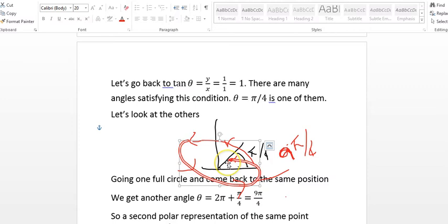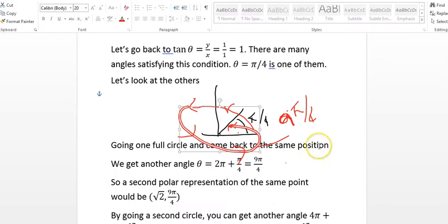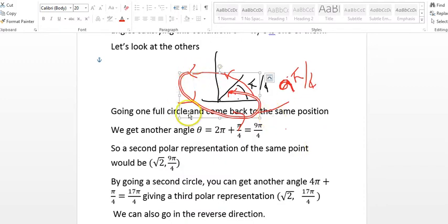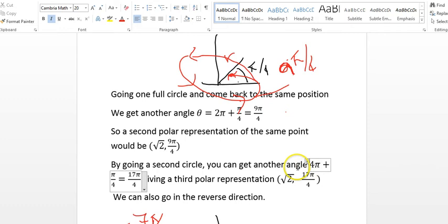So 9 pi over 4 is another angle. If you want, we can do it again and go 2 circles and come back, and then we will have another angle. With 2 circles we have 4 pi plus pi over 4, which is 17 pi over 4.